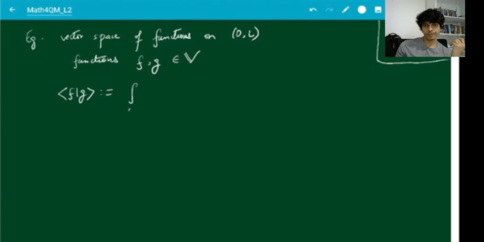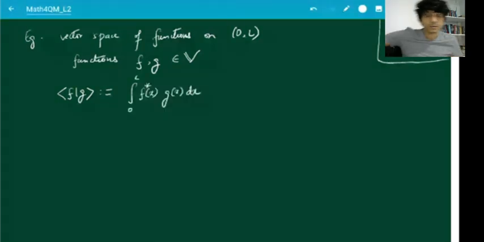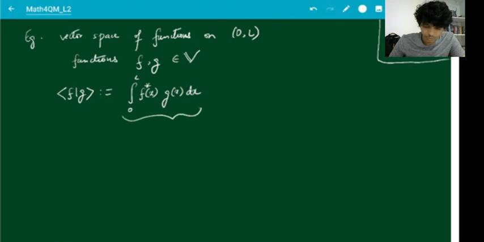It turns out that this is actually a good definition of an inner product. Right. So the integral from 0 to L of f star into g, and you can check that this is a valid inner product, because when you do this integral, you end up with a complex number, so it belongs to the field.